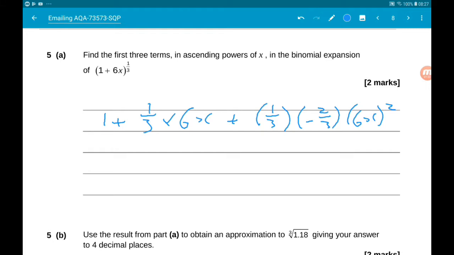Now on the bottom, for some reason they decide to write it as 1.2. It means 1 times 2. So we got all of that over 1 times 2.